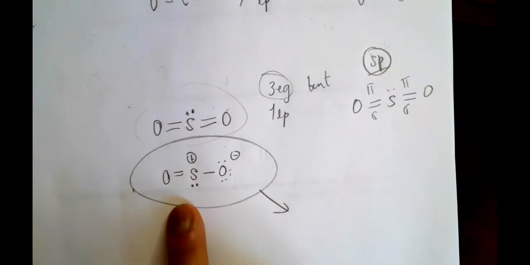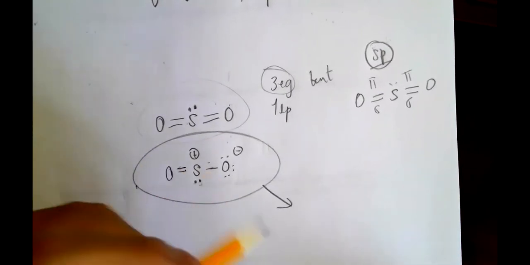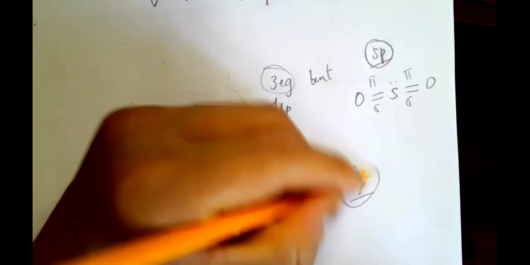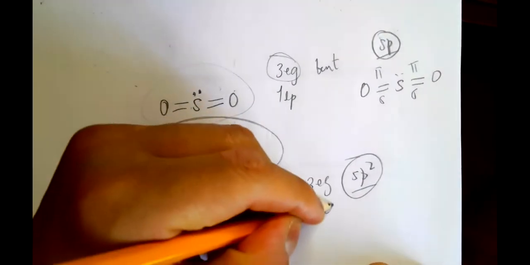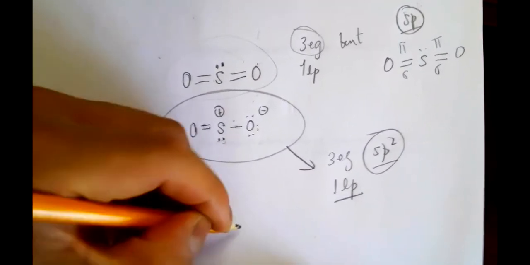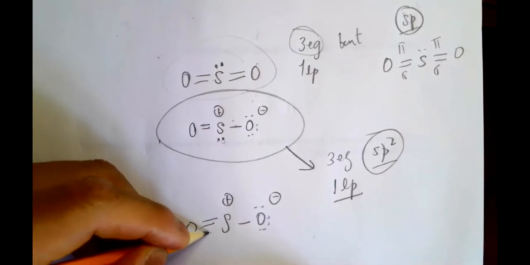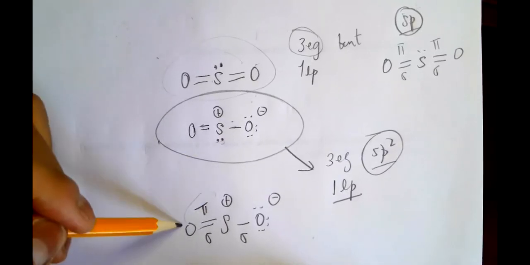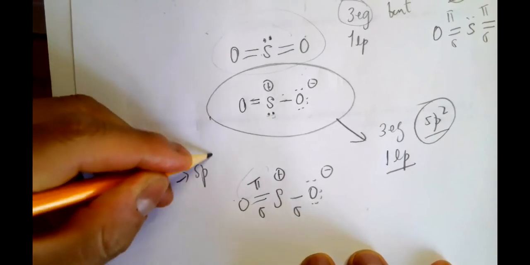You have three electron groups, and that means sp2 hybridization, and then they have 1 lone pair. That's exactly what you have here: sigma, sigma, pi. So if you form only one pi bond, it is sp2 hybridization.